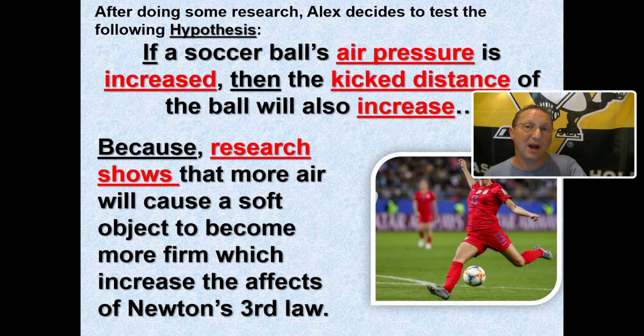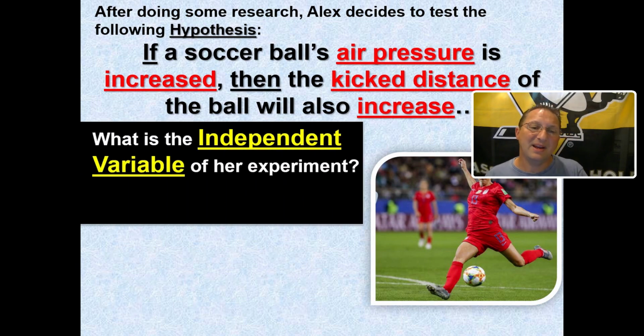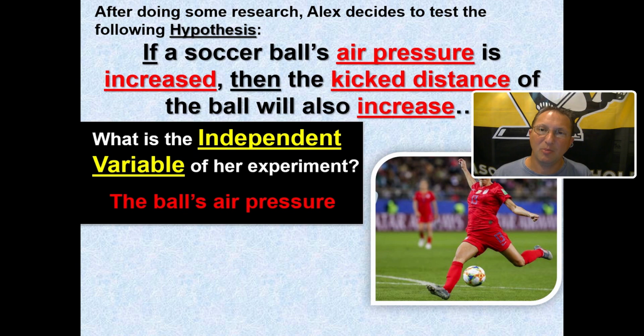Now, if you write your hypothesis this way with an if, then, because statement, you've already identified two parts of your experiment. The independent variable of her experiment is the if statement. So what variable is the if? It's the ball's air pressure. Remember what the independent variable is, what the person changes. If I change the air pressure of the ball, so what is she changing? She's changing the air pressure of the ball.